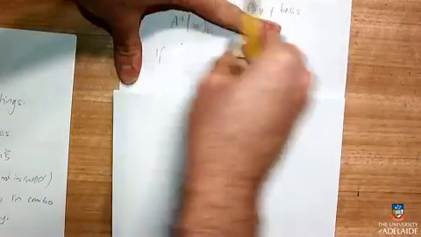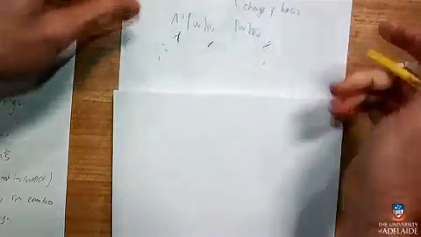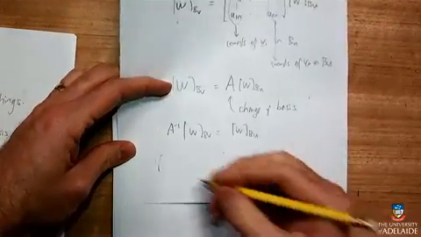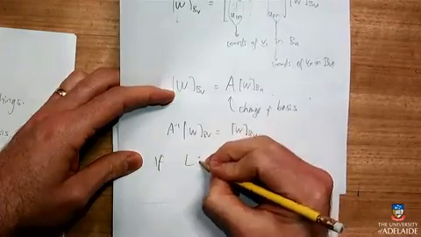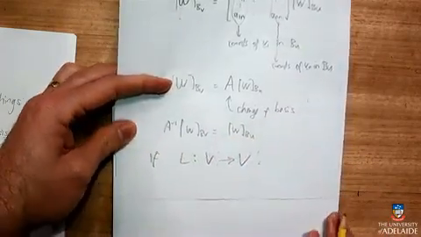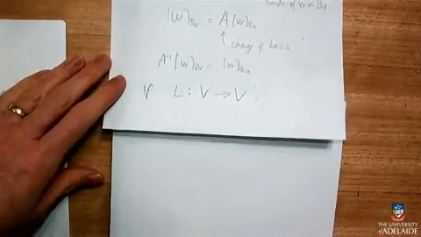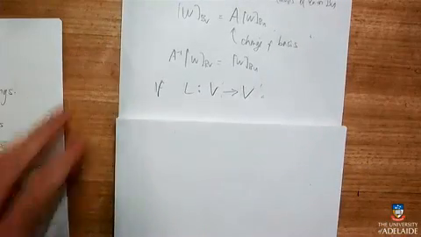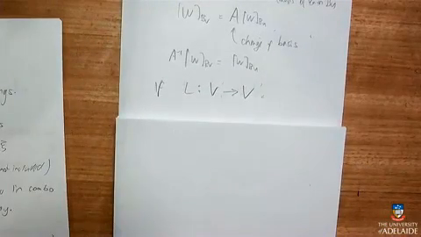No, I choose not to do that. I'm going to do a linear transformation from the vector space to itself. If L sends a vector space to itself, then I should be able to do a square matrix. I should be able to rewrite that as a matrix too.